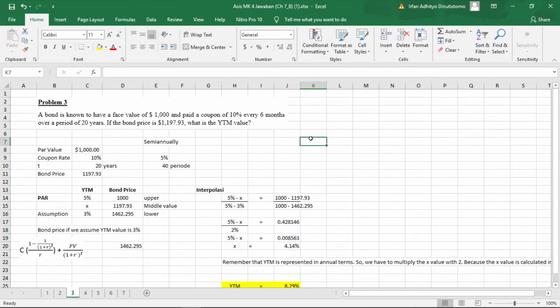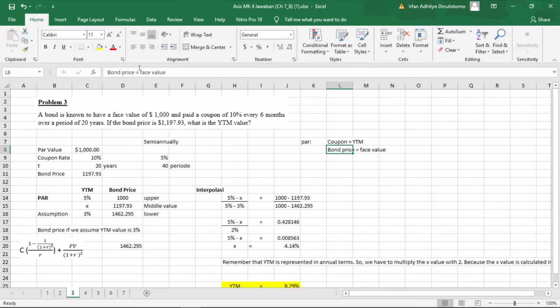Par is when the coupon is equal to the yield to maturity, right? So the bond price is the same as its face value.